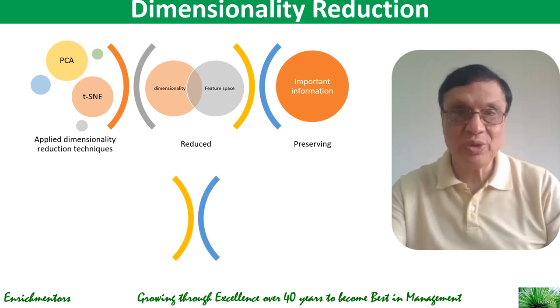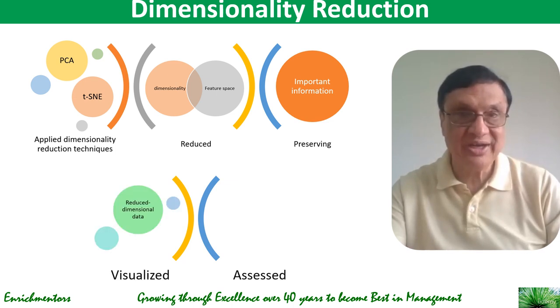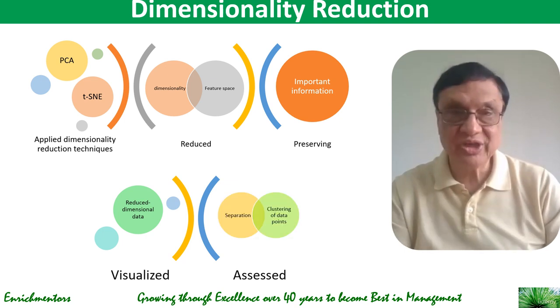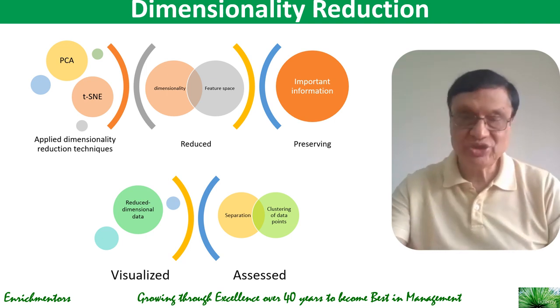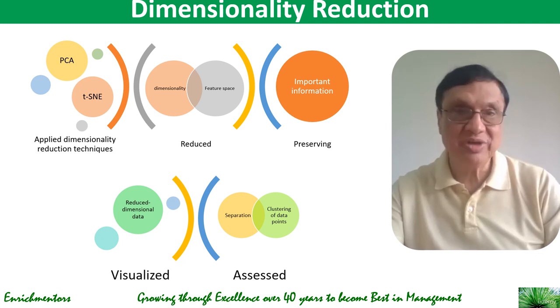They finally got into visualizing the reduced data. They visualized the reduced dimensional data to assess the separation or clustering of the data points. So they evaluated how good their dimensionality reduction was and made sure that they reduced it to minimum dimensions with maximum information.